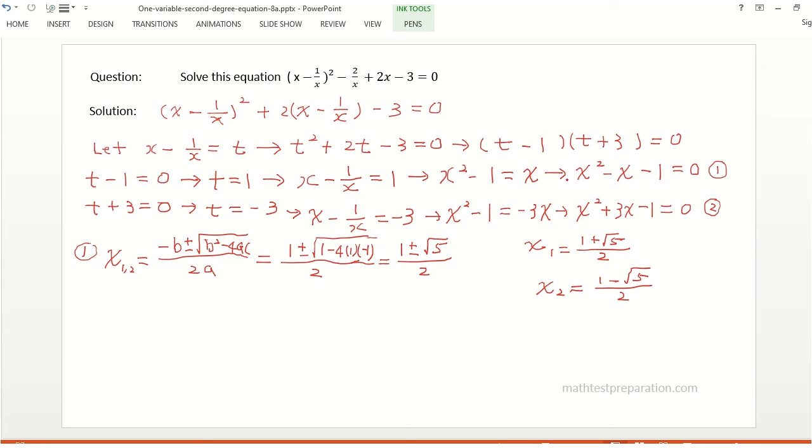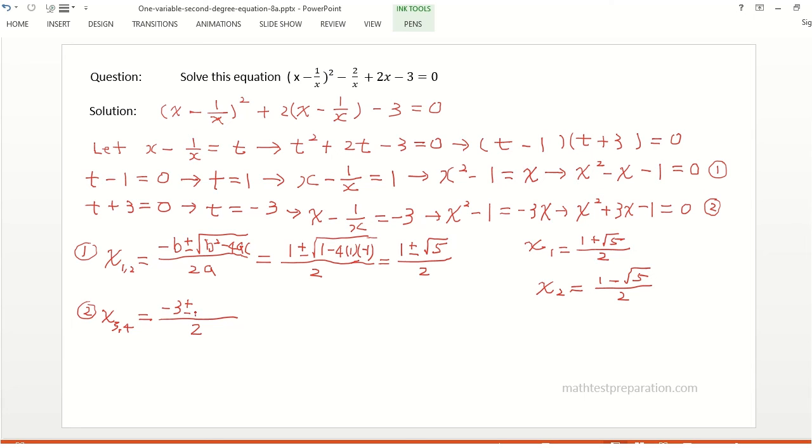Now, from equation 2, we get x3, x4 equals negative b plus or minus the square root of b squared subtract 4ac, over 2a. In equation 2, a equals 1, b equals positive 3, c equals negative 1. So 2a is 2. Negative b is negative 3.